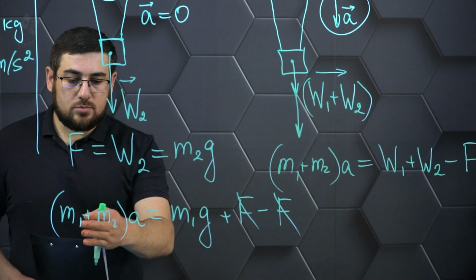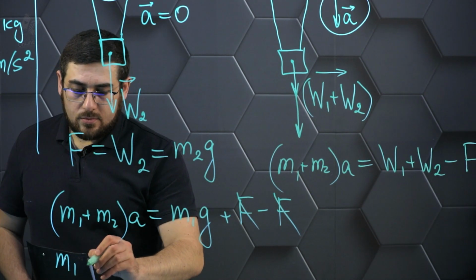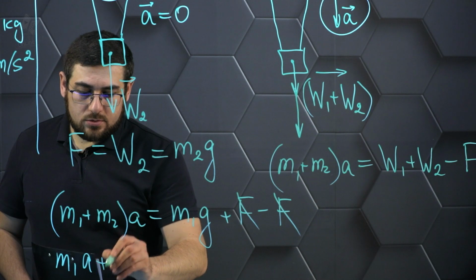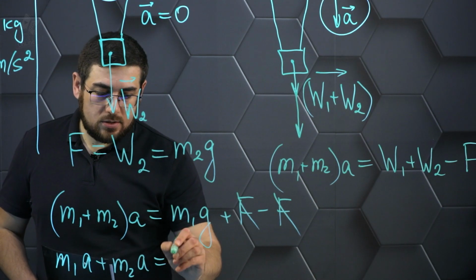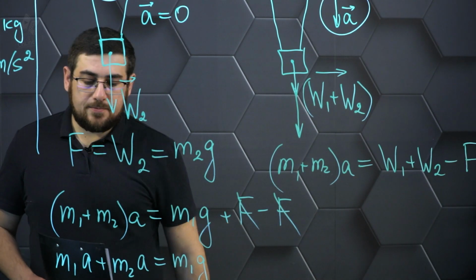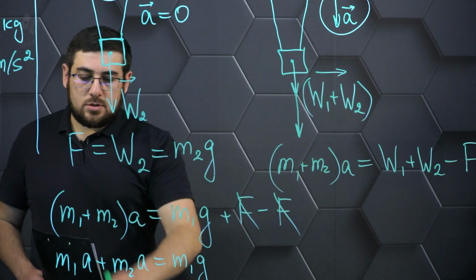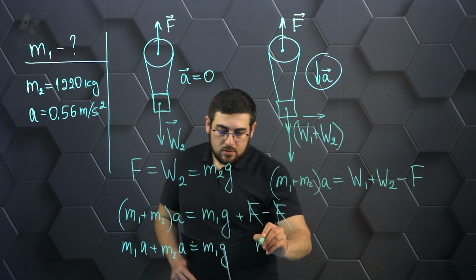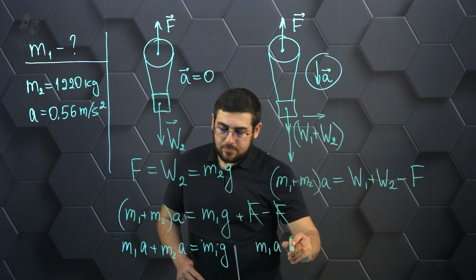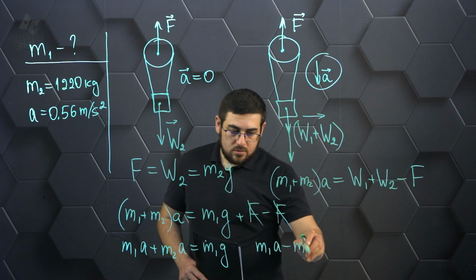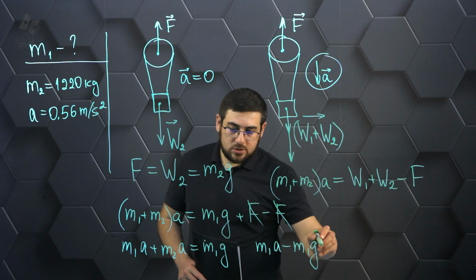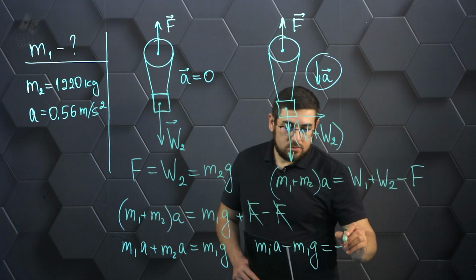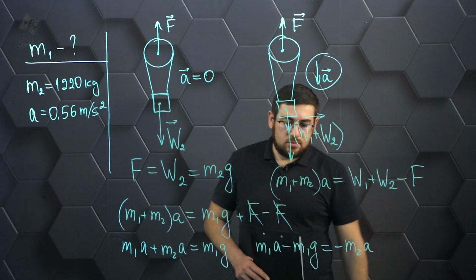To do this, we open the brackets. m1a plus m2a is m1g, and we group the unknown masses on the same side of the equation. Then we get m1a minus m1g is minus m2a.